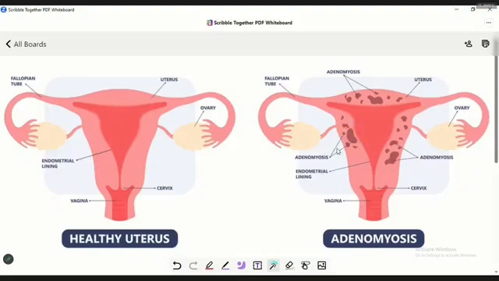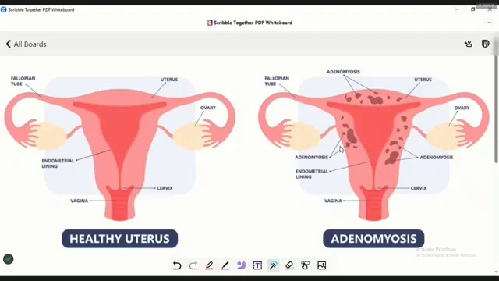So therefore you're going to get pain. Now some people may not get pain with this condition, but in most cases you would get pain, heavy menstrual cycles, pelvic cramps, and you would feel bloated. Sometimes the uterus, when you touch it, you would get sensitivity. Also, infertility is one of the conditions suffered by people with this condition.